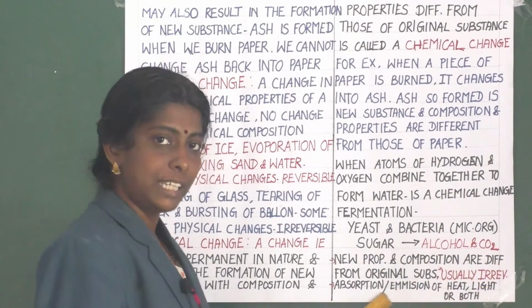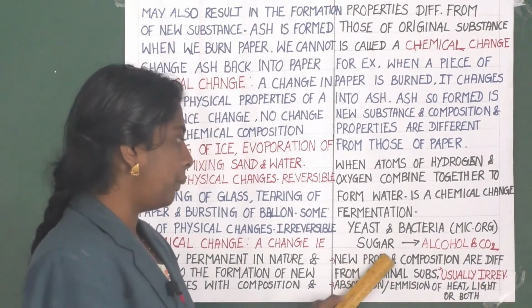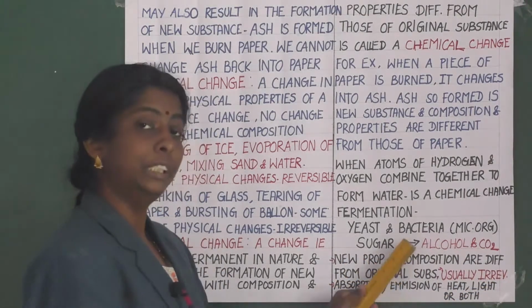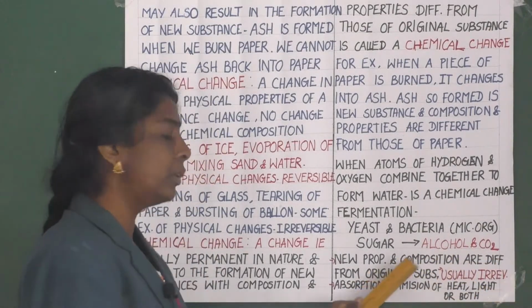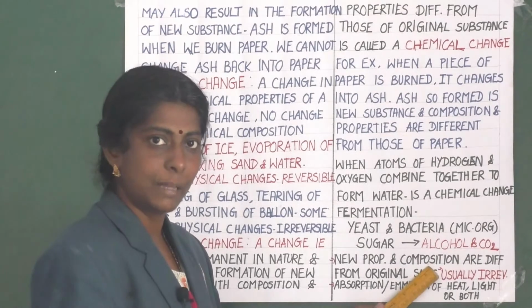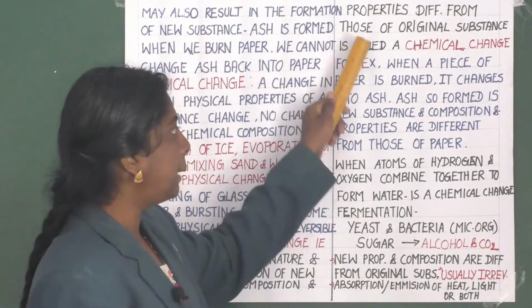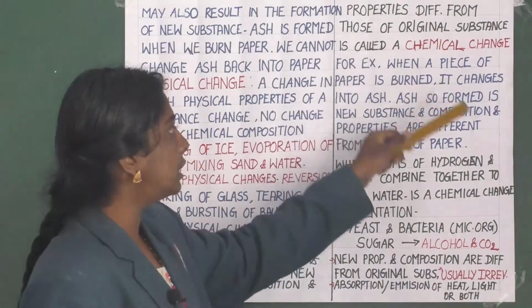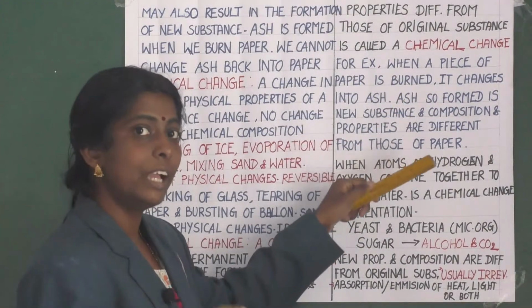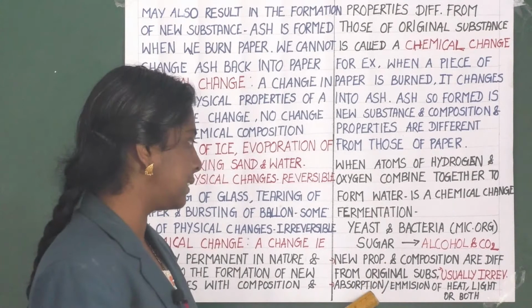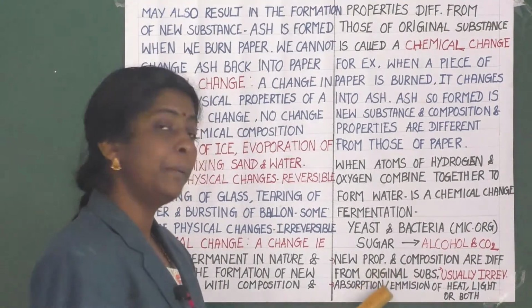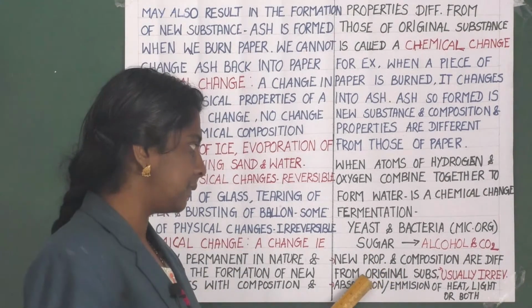So, in a chemical change, the new properties and the composition which are formed are different from the original substance. For example, just now I said a paper, when it is changed to ash, then they have different composition and properties. It is not the same as the original substance.